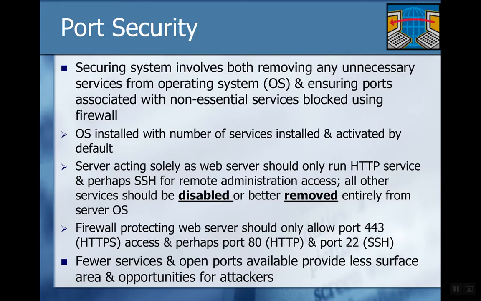Port security is probably one of the biggest security attack vectors out there, primarily because historically the default approach has been to just enable everything on IP, and everything is known on IP, and everything is a potential attack vector on IP. By making it smaller, you reduce your surface area for attack.